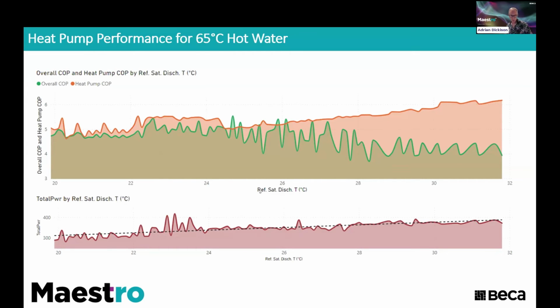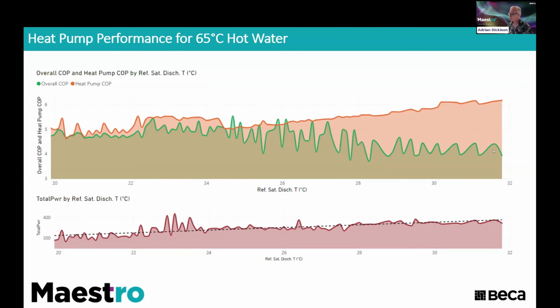Across the bottom of the graph here, we've got saturated discharge temperature for the refrigeration plant. The green trace is the overall COP, that is the COP of the refrigeration plus the heat pump duty divided by the total power. And what you can see here is, in fact, to favor the heat pump by raising the saturated discharge temperature of the refrigeration plant, you're killing the overall COP.